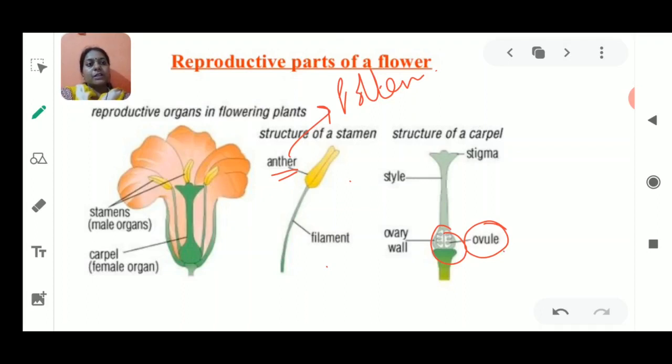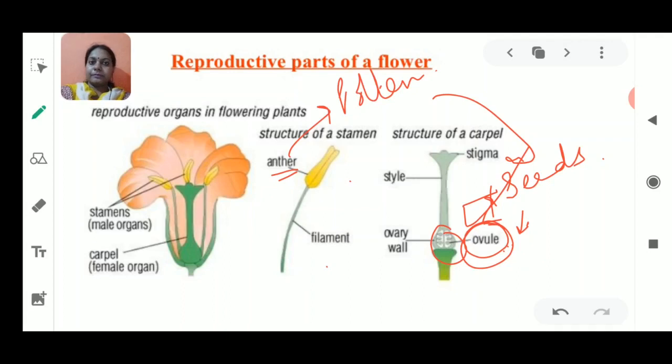It has a small structure known as ovule. These are the small seeds. These ovules are going to develop in the form of seeds. Once the pollen and the ovule join, or unite, they are going to give rise to a seed.